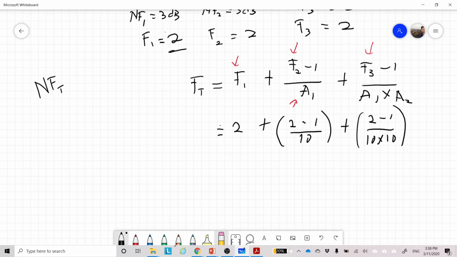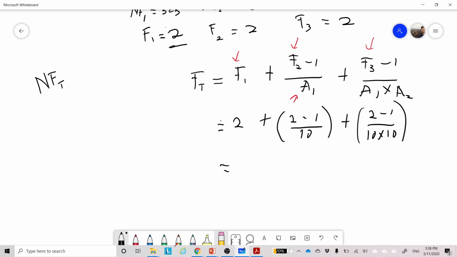Okay, so ini sama dengan berapa ni? So 2 tambah 1/10, 1/10 apa? 0.1. Okay, 0.1 dan juga 1/100. Tambahkan dengan 0.01. So ini adalah sama dengan 2.11. No unit.